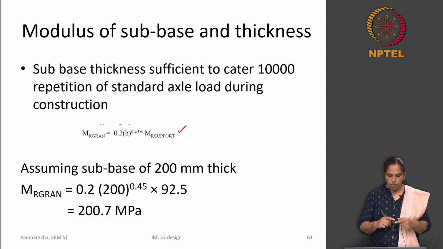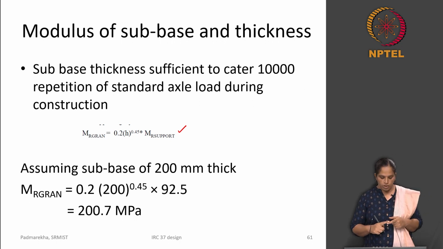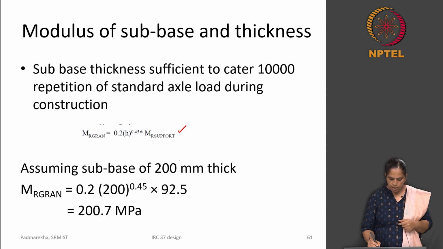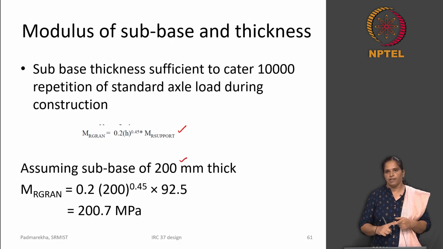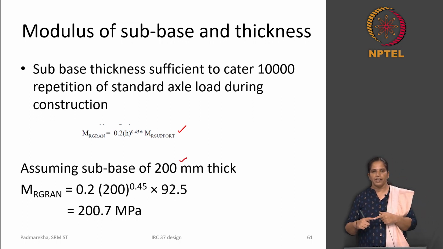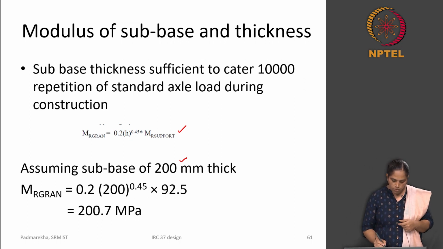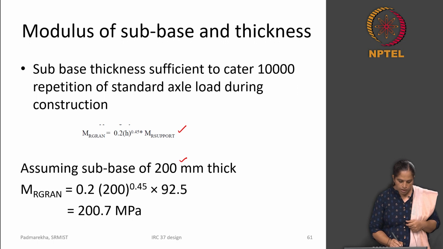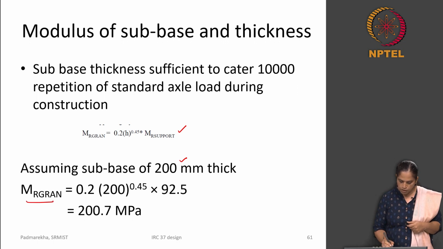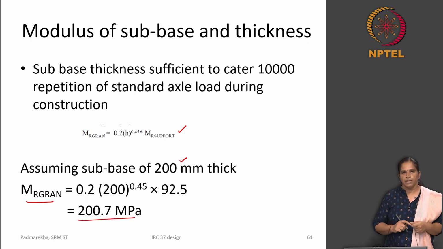So let us first assume that the base layer has a thickness of 200 millimeter. For an assumed base layer thickness, we will check whether the subgrade rutting is safe here. So for an assumed thickness of 200 millimeter, the modulus of the layer is computed to be 200.7 megapascal.